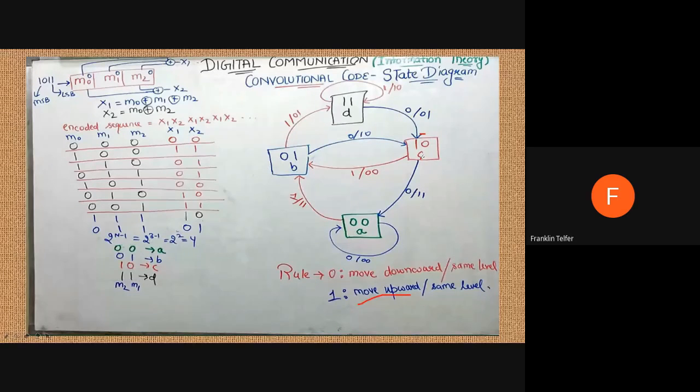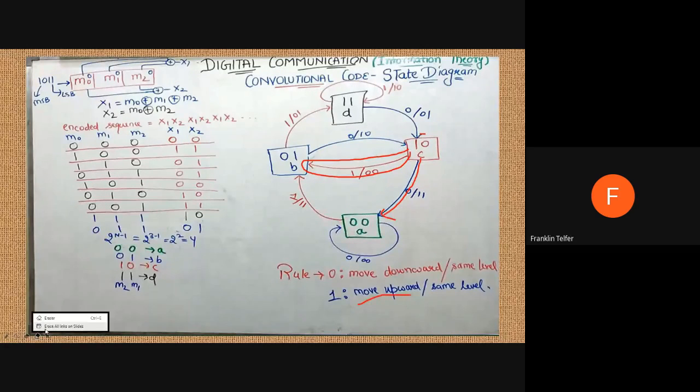At 0, it moves downward with 1 1, and for the 1, it is the same level with 0 0.